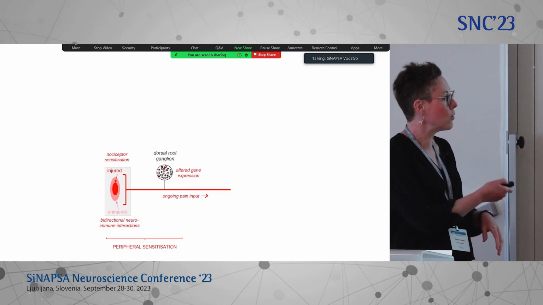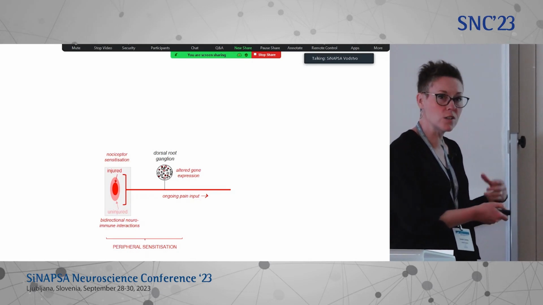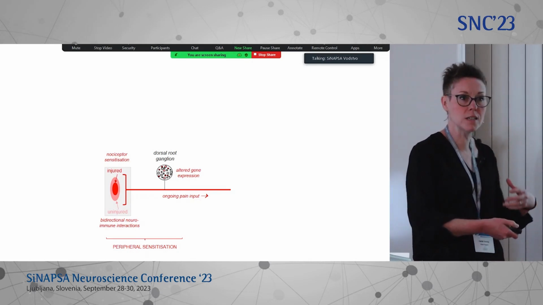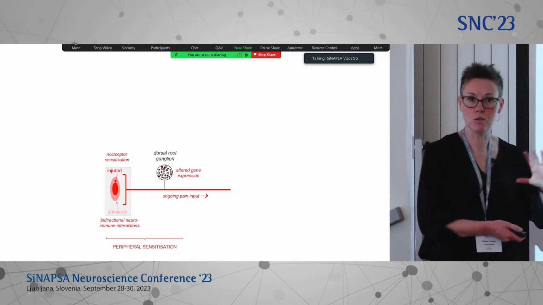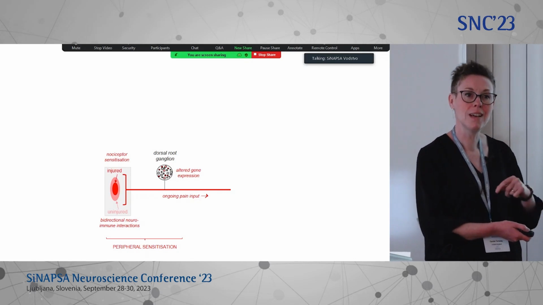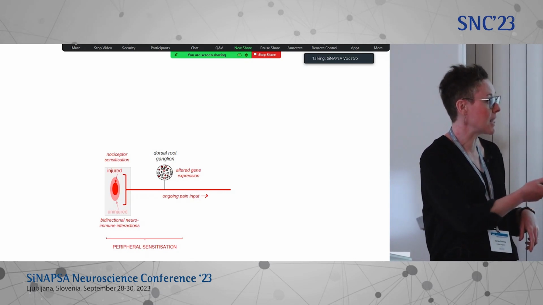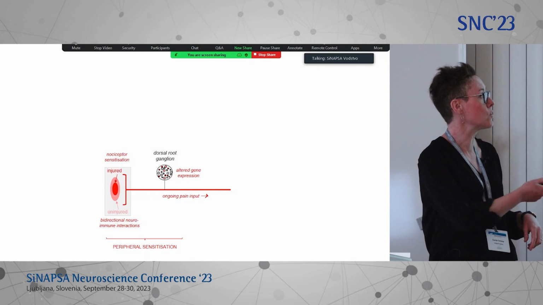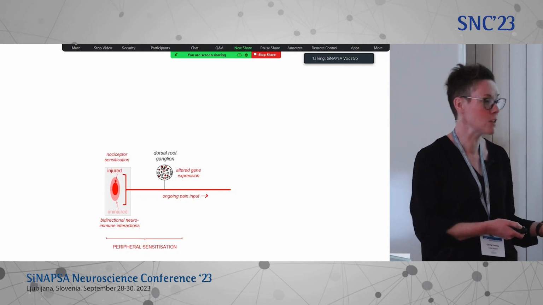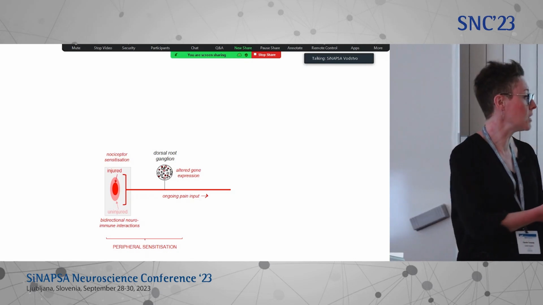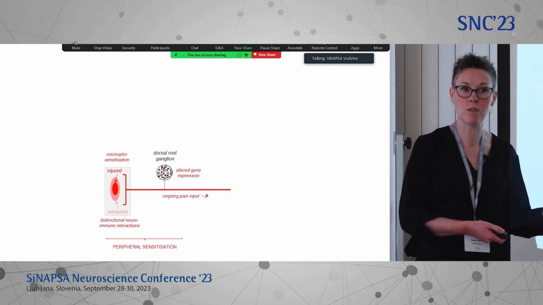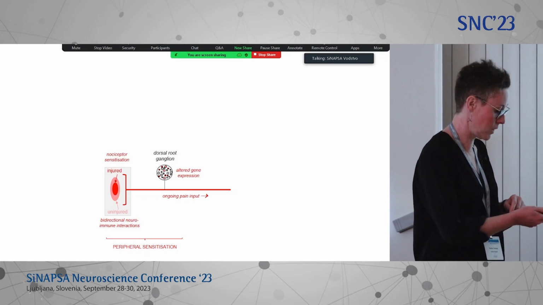So we know that following injury, there are interactions between these nerve endings and immune cells. Basically, there are bidirectional neuroimmune interactions, and these very rapidly sensitize these nerve endings. There's nociceptor sensitization, and there's also altered gene expression. And collectively, this is what we term peripheral sensitization.